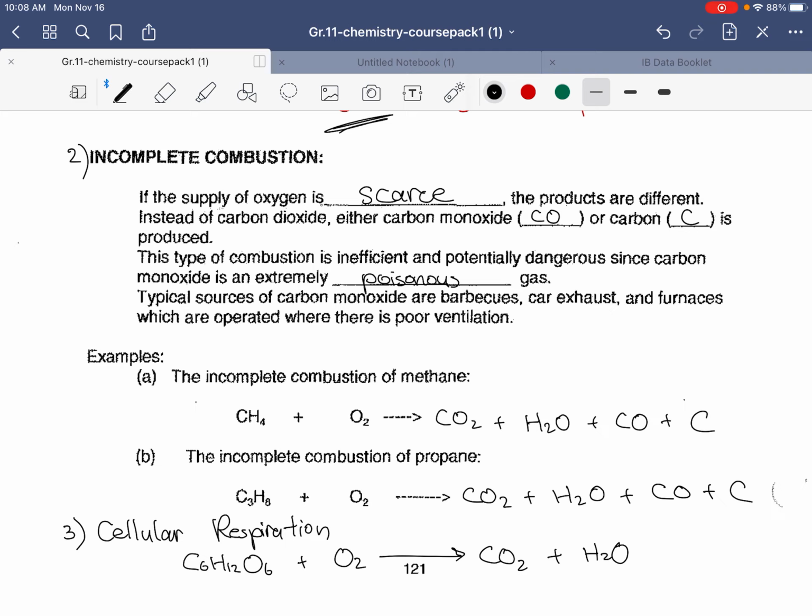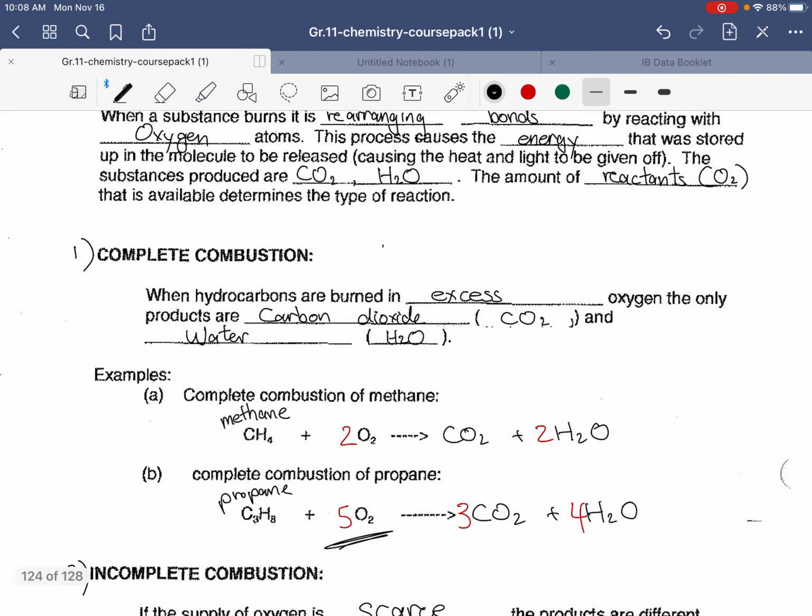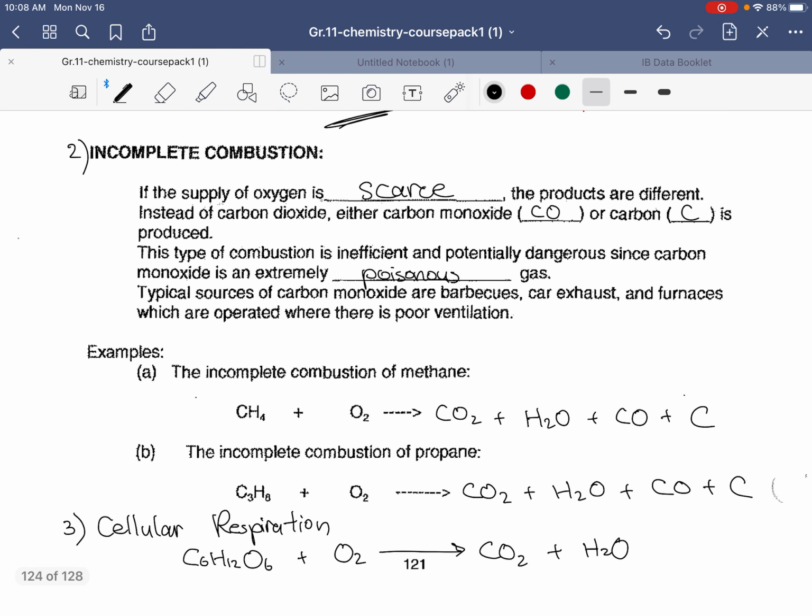Okay, so that's cellular respiration. Looking at this, it is very similar to your complete combustion, except this reaction is not a one-step reaction, and your biology teacher will let you know that this reaction is composed of a couple of pathways.